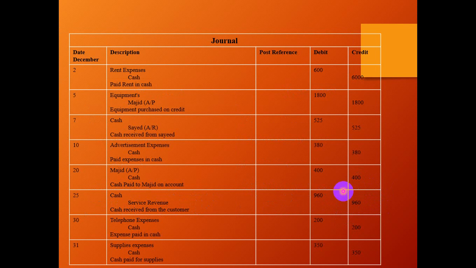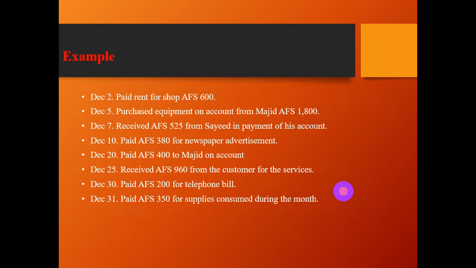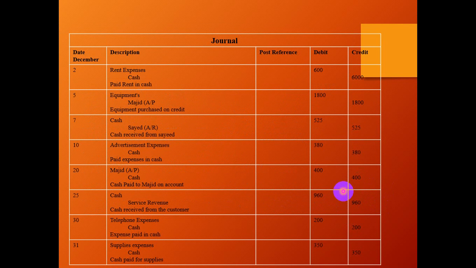Next example is December 30, paid 200 for telephone bill. So what is the telephone bill? That is an expense, telephone expenses to cash. Telephone expenses is part of expenses, an increase in expenses, which we discussed in question number 3, December 2 and December 10.